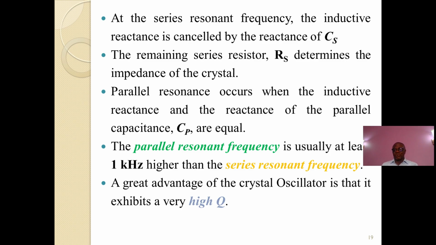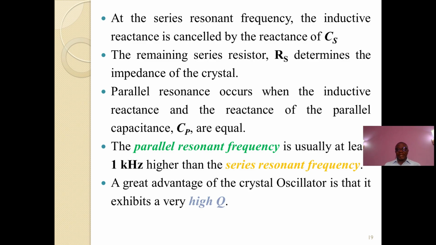It is not for us to treat here, but this analysis has shown why the voltage control oscillators using crystals like quartz are preferred in high frequency and very stable oscillators.